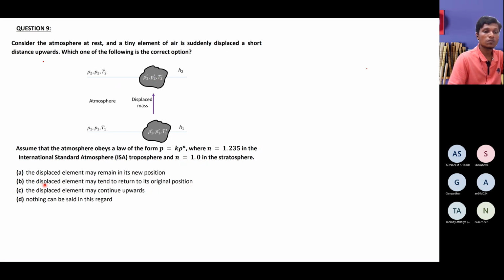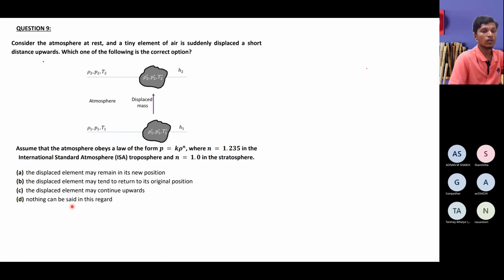The second option: the displaced element may tend to return to its original position. That is, it goes up to H2 and comes back to H1. The third: the displaced element may continue upwards. That means it starts from here, goes to H2 and continues to higher positions. It won't come back to the rest position. And option D is that nothing can be said in this regard.